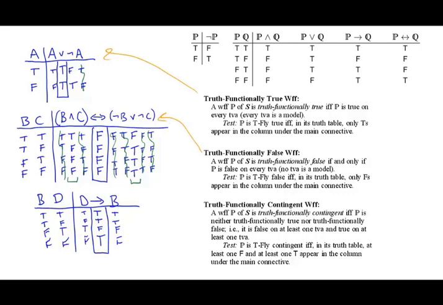A formula P of S is truth functionally false if and only if P is false on every truth value assignment. Well, what that means is if and only if only F's appear in the column under the main connective. And that's exactly what we have there. Truth functional contingency is the case where you have some T's and some F's, as in the third example here.